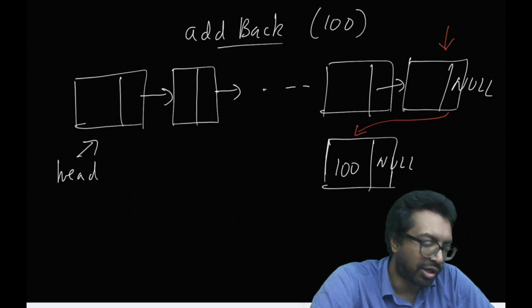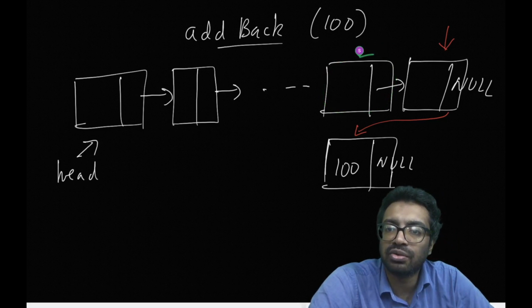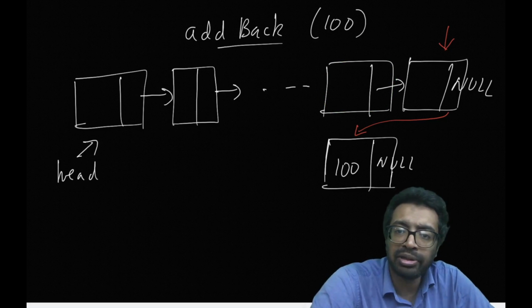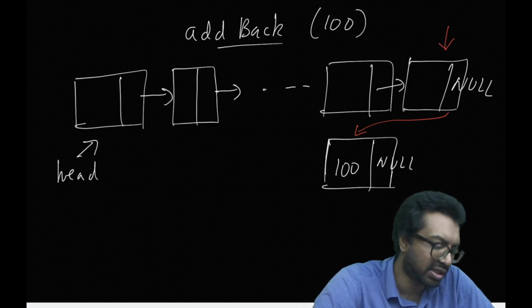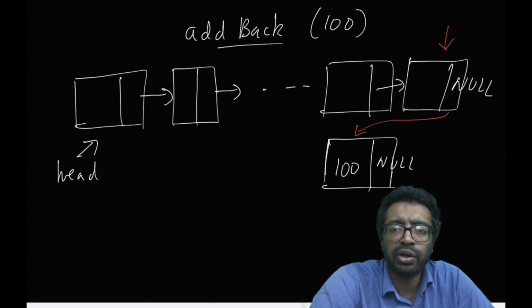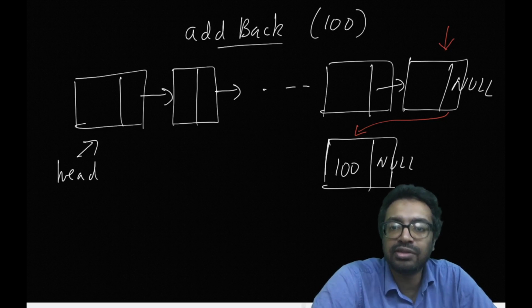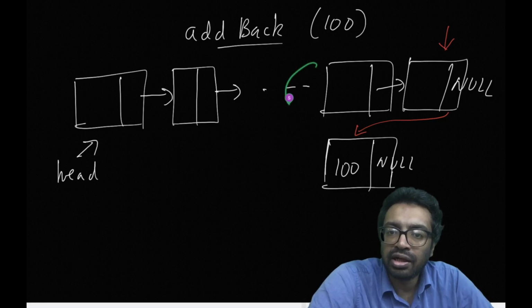But the problem is I don't know where this last node is sitting, right? Its address is available only in the previous node, right? So that means I have to know the second last node. I need to access the second last node in that case. Now, if I have to access the second last node, the address to the second last node is only in the third last, right?